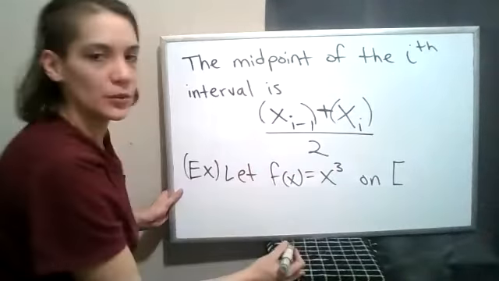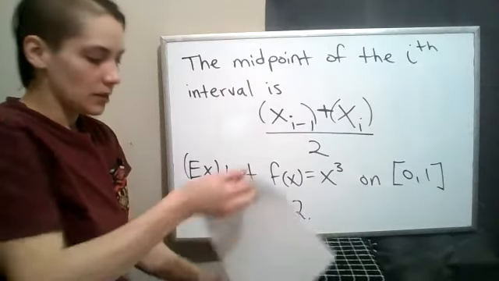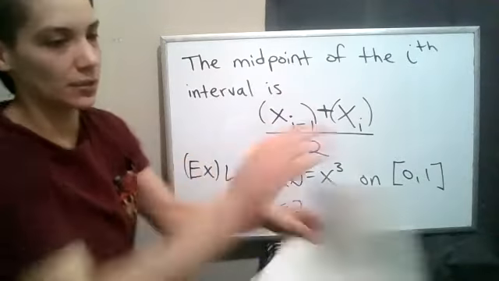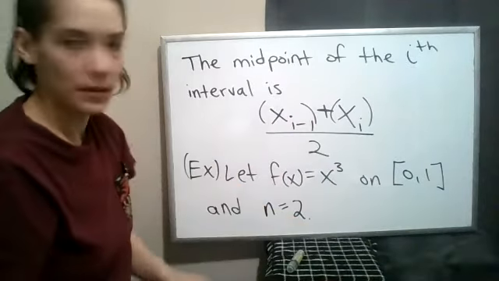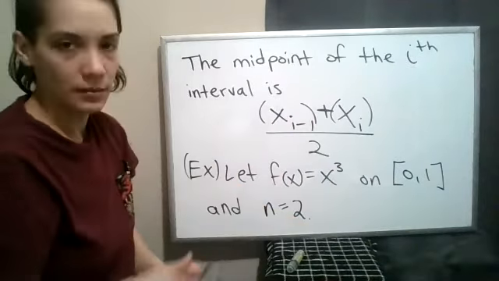And I'm going to use n equals 2. And for practice, we will do right hand, left hand, and midpoint. Start with finding delta x. We're going to need that for all different heights of the rectangles.